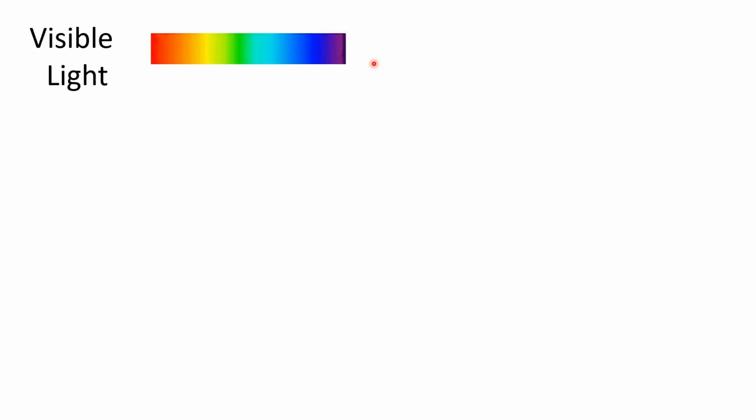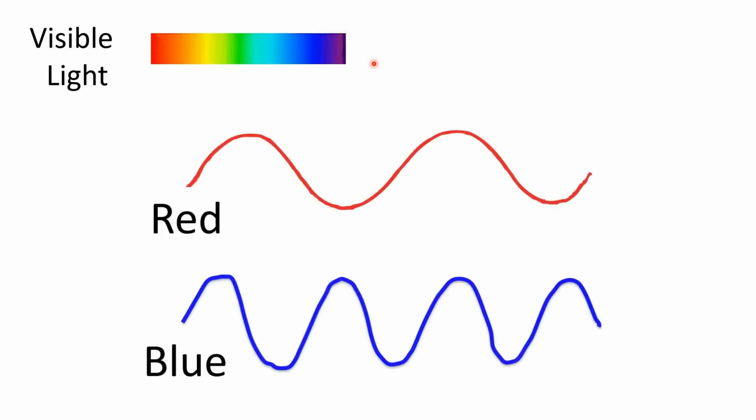The only difference, maybe you could see from the animation, blue had a much higher frequency. As it was being traced out, it was wiggling a lot more in comparison to the red. Now the other way to think about that, and it's pretty easy to see here, is red has a longer wavelength than blue. We can actually compare those numerically.